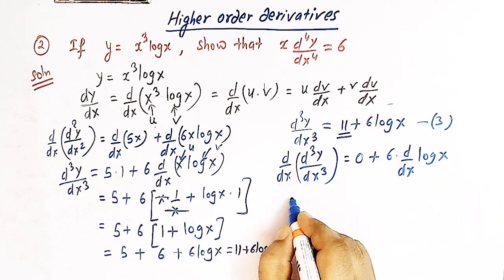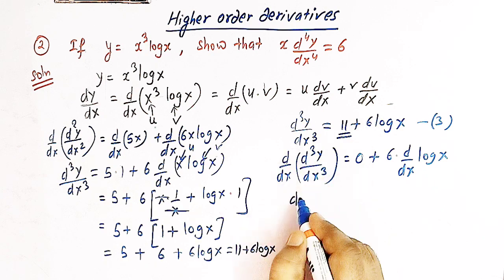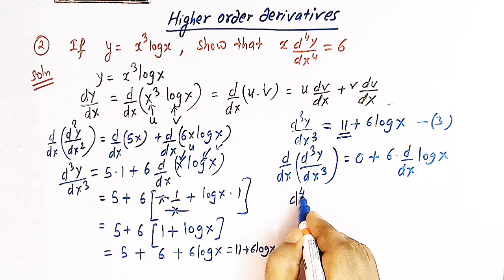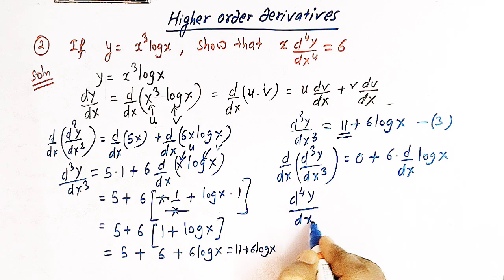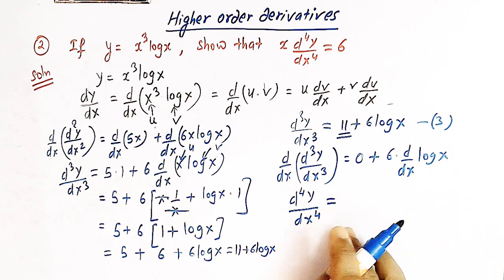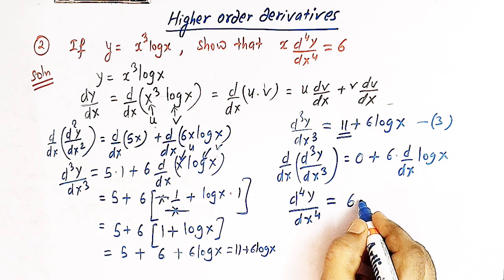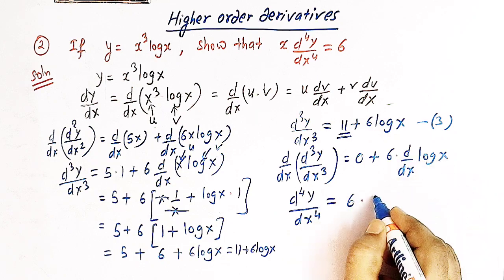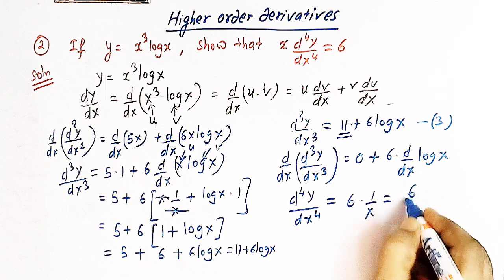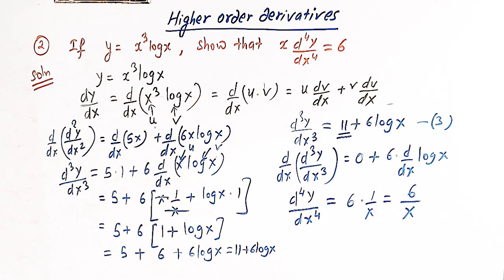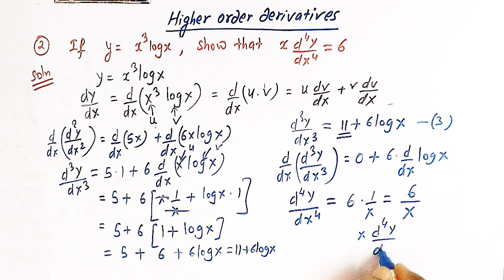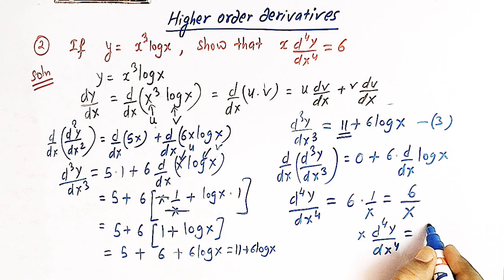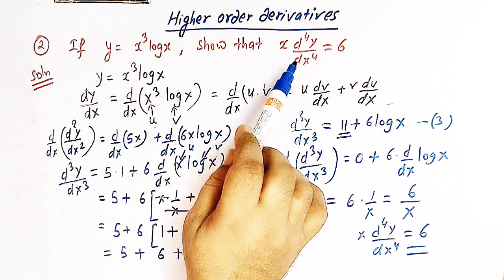So here we have the notation for the fourth derivative as d4y over dx4, and here we have 6 times the derivative of log x, which is 1 over x, so this is 6 over x, right? So multiplying both sides by x, we have x times d4y over dx4 is equal to 6, and this is the required result which is to be proved.